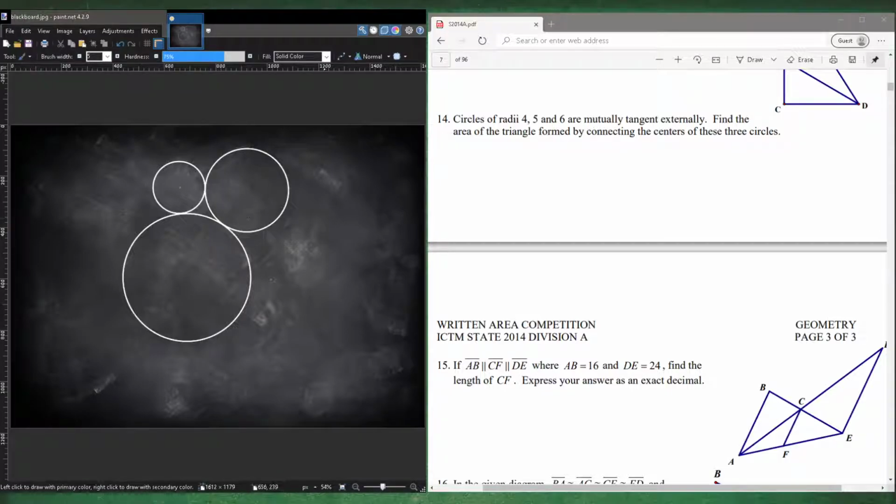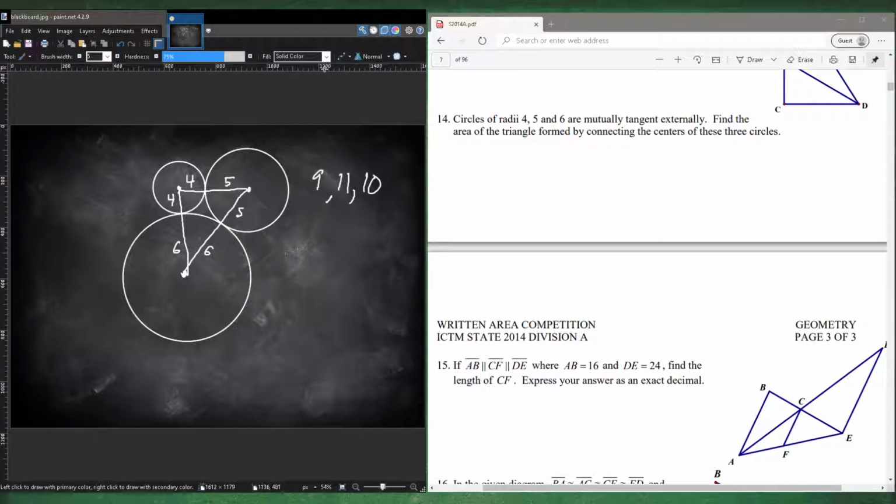So we put the centers together, and then we need to connect them to make our triangle. So the smallest is the 4, the medium is 5, and the largest is 6. So our side lengths are: plus these is 9, plus this is 11, and plus this is 10.